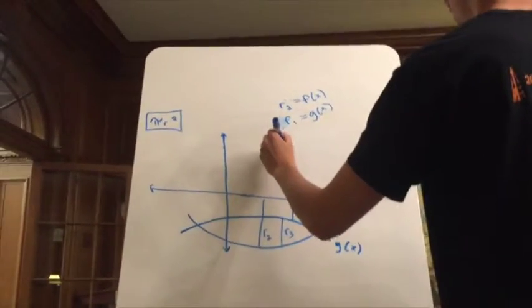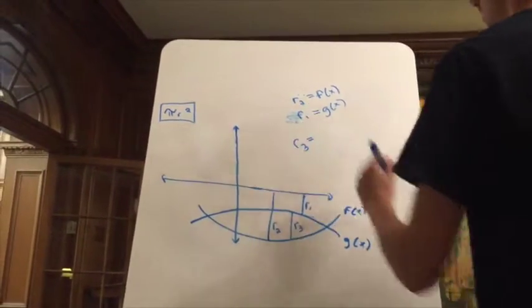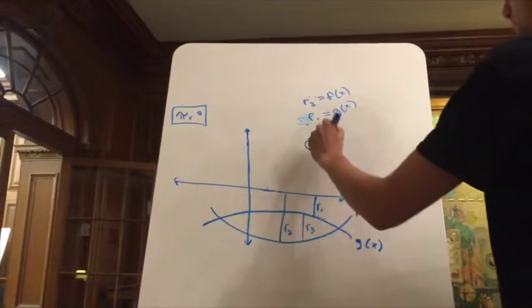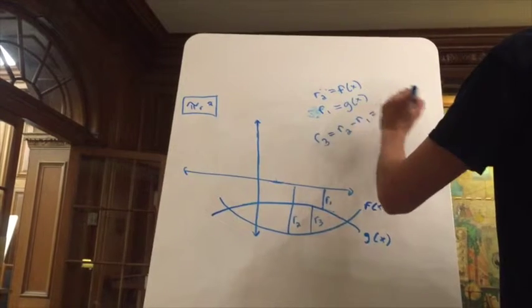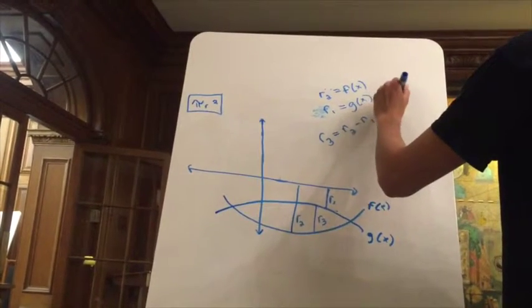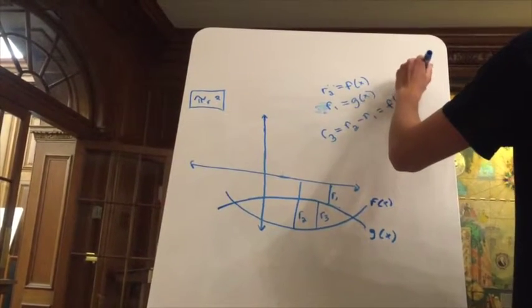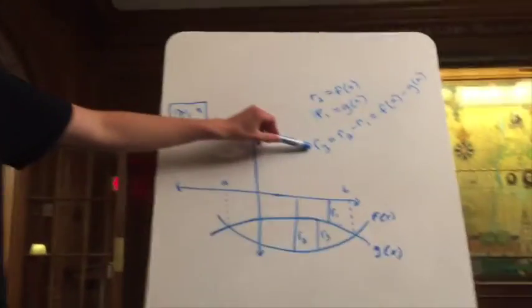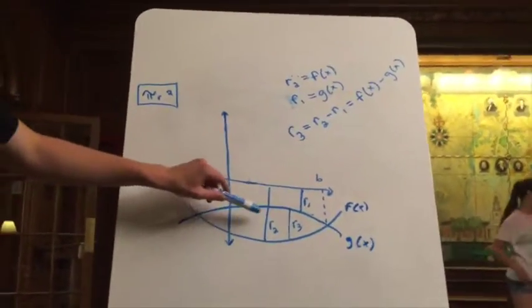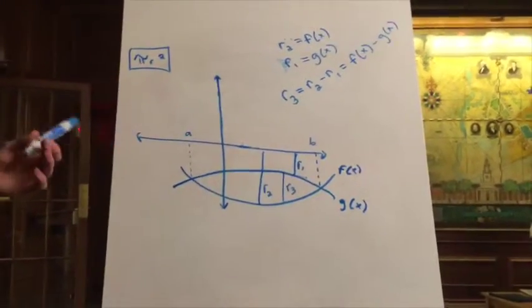So therefore, r3 is equivalent to r2 minus r1, or f of x minus g of x.